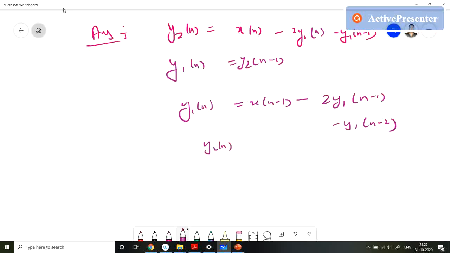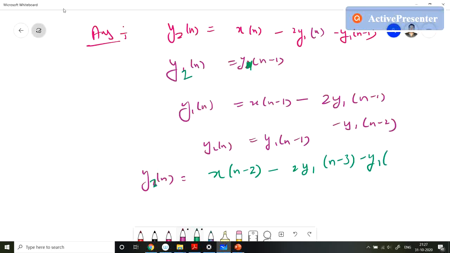Now since y2(n) is y1(n minus 1), we get y2(n) is equal to x(n minus 2) minus 2y1(n minus 3) minus y1(n minus 2)... this is n minus 2 and this is n minus 3. So this is y2(n).